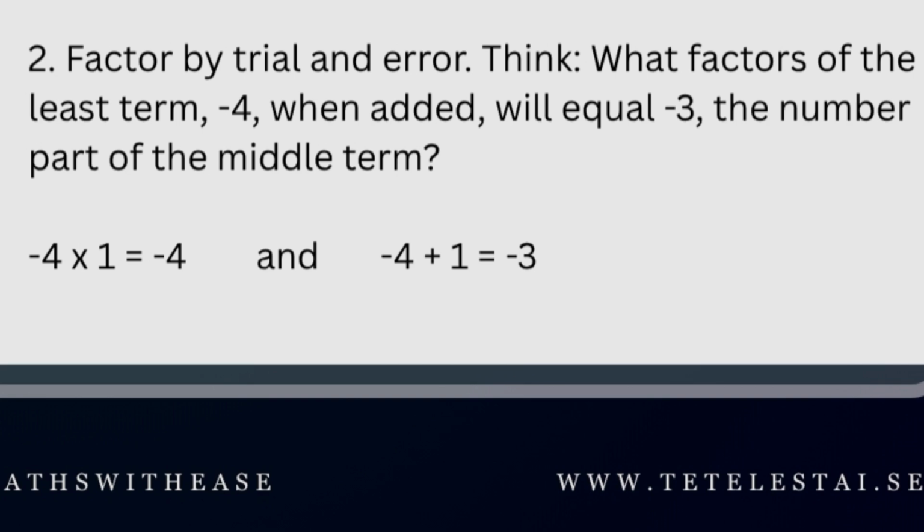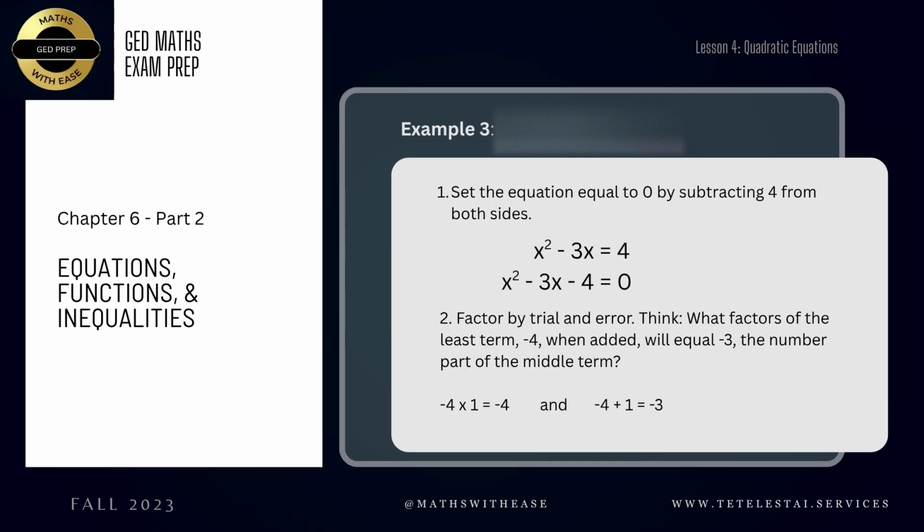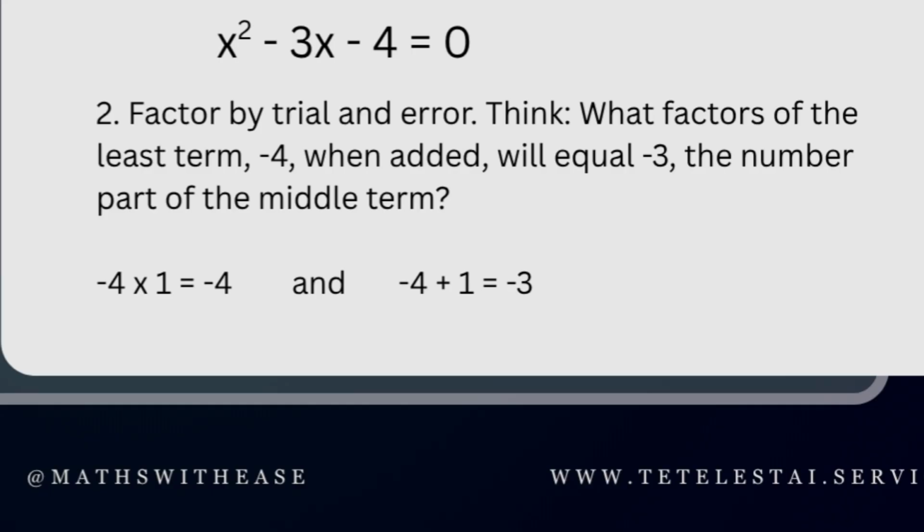Why? Because this step here tells you that to figure out what x is, you need to use trial and error. Well, in order to use trial and error, you need to look at two terms and figure out, okay, here, my last number, what could I have possibly done to get -3?